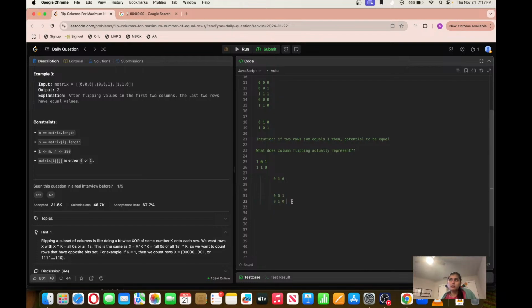Let me mimic how I should have thought. So this is the intuition, then 0 0 1 and 1 0 1 0. How can I use this intuition to find the maximum number of rows with equal values? That is the question.